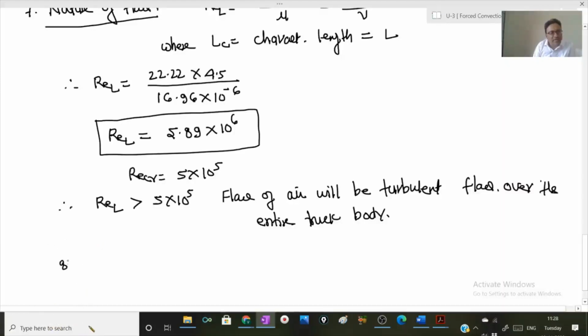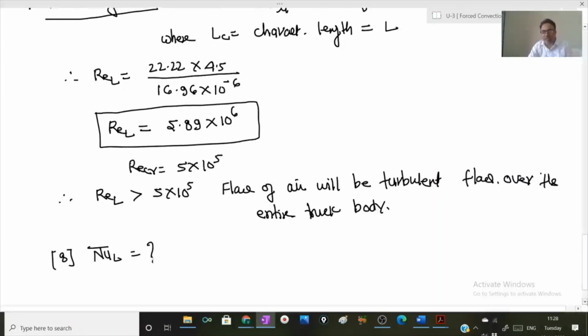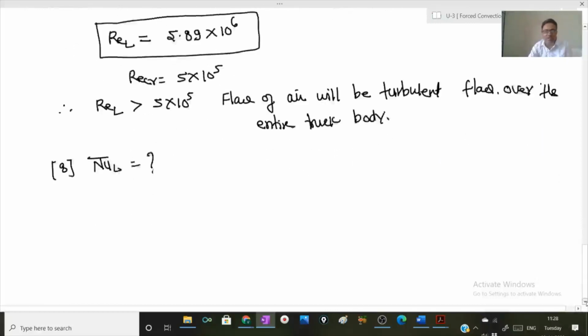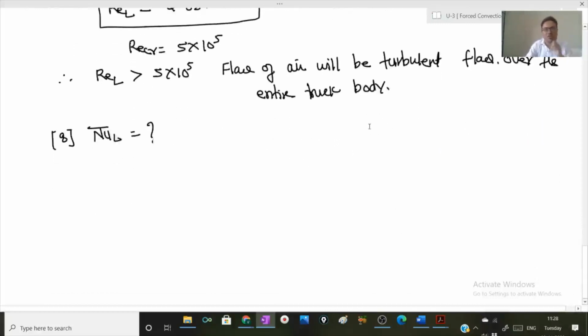Now let us find out the Nusselt number expression, the appropriate Nusselt number expression and its value. Once again, to find the expression for Nusselt number, we have some conditions: it is constant wall temperature boundary condition, and the flow is turbulent and external flow.